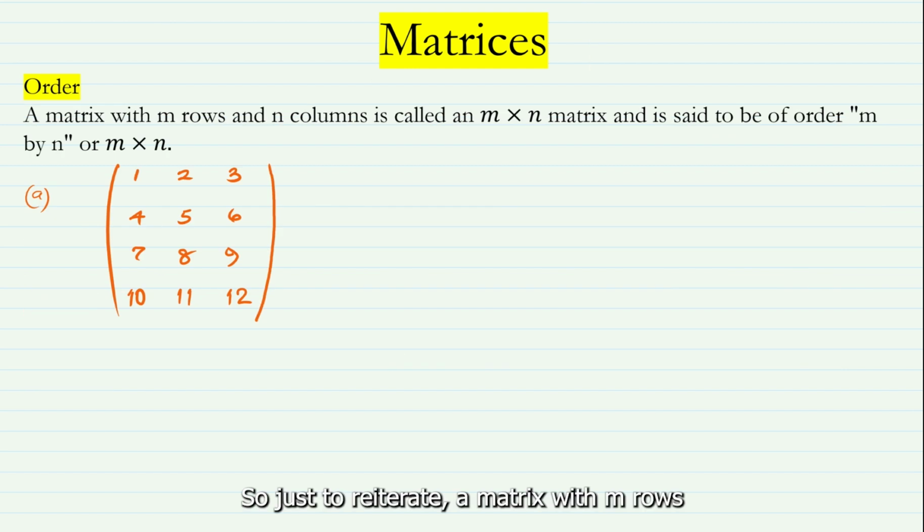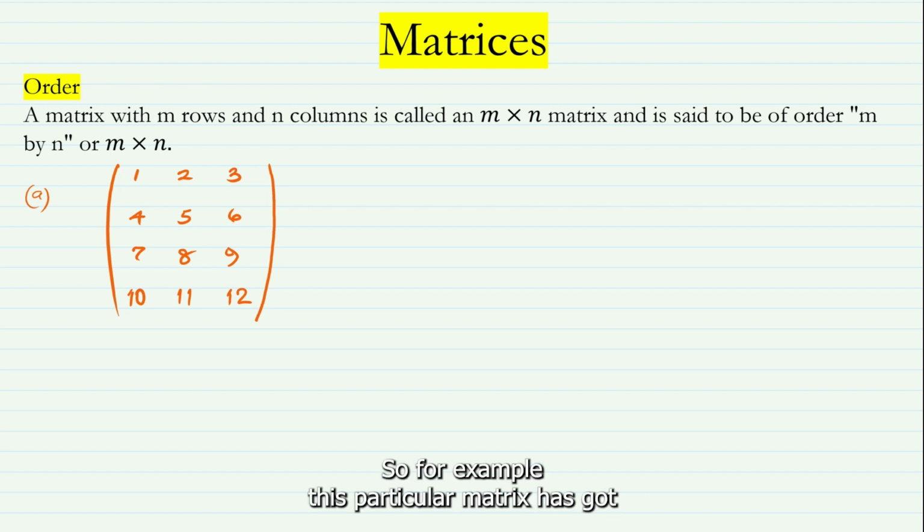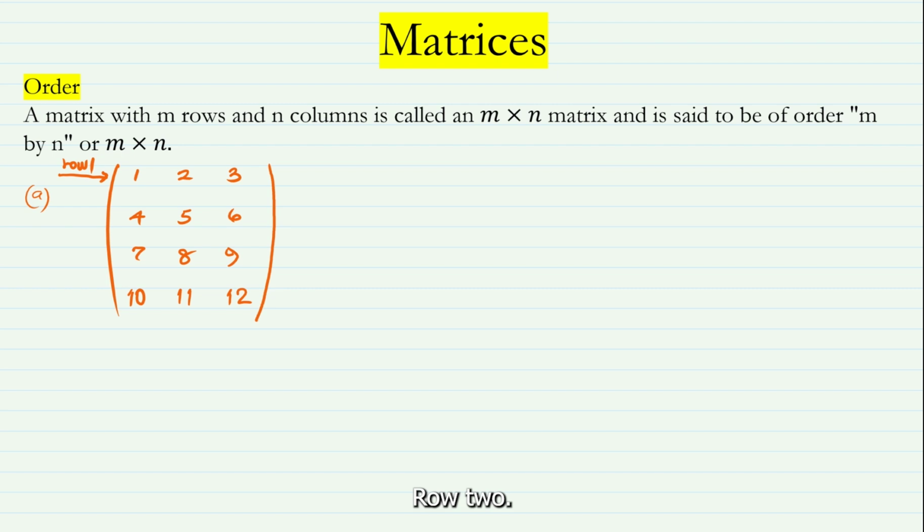So just to reiterate, a matrix with m rows and n columns is called an m by n matrix, and it's said to be of order m by n. So for example, this particular matrix has got the first row, that's row 1, row 2, row 3, row 4.